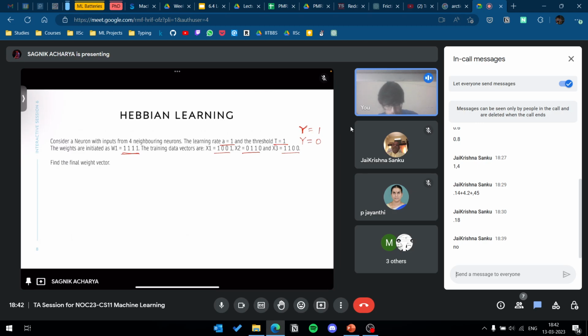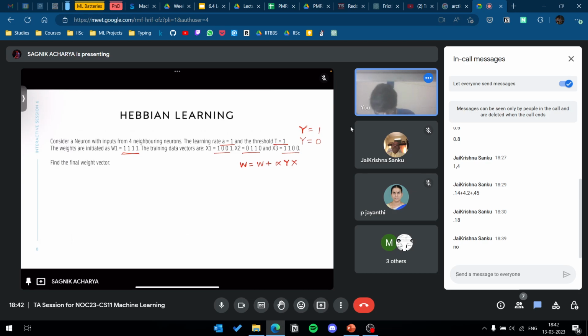The weight updation is given by w is equal to w plus alpha times y times x. So say I want to update w1, going from w1 to w2, we'll update it as w plus alpha times y times x basically. So we'll use this now.